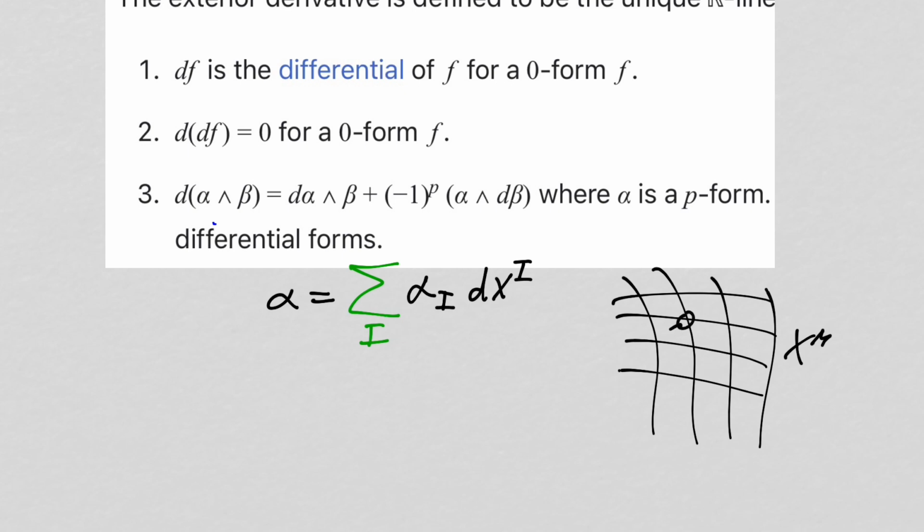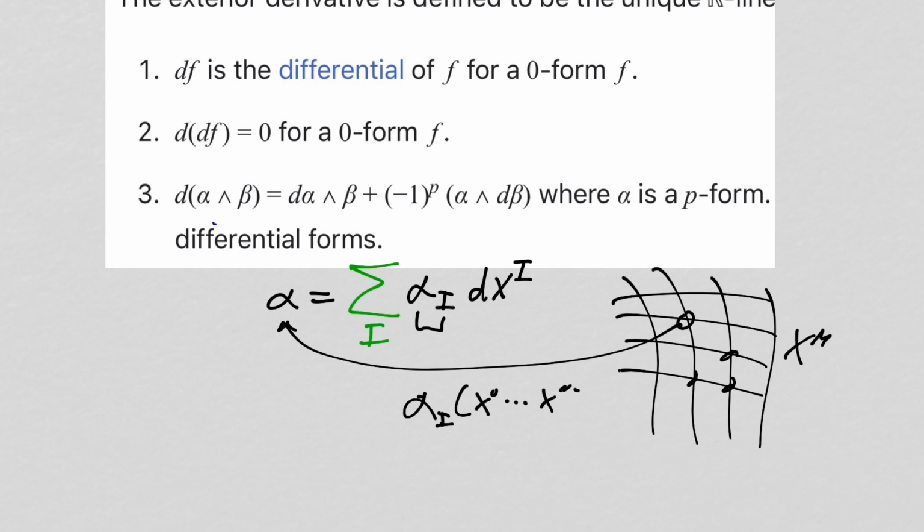At every point you have a value of this form, and ergo you end up having a form field, and that is why alpha_I is actually a function of the coordinates. I know I said that before, but as you move away from it, your mind drifts off and you tend to forget. So saying it again can't possibly hurt. That's the reminder. This is a form field, and we're going to express it just like this without the summation.